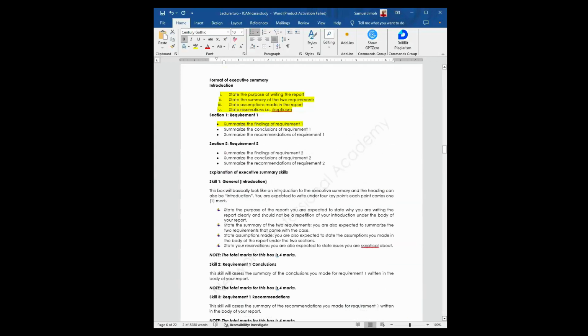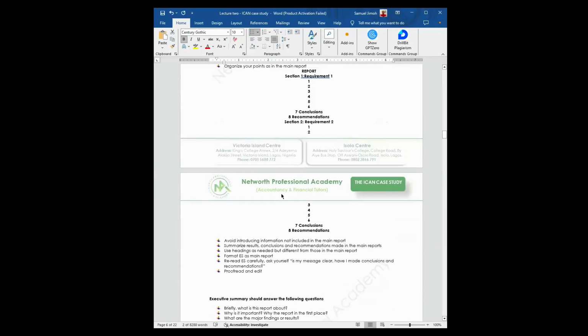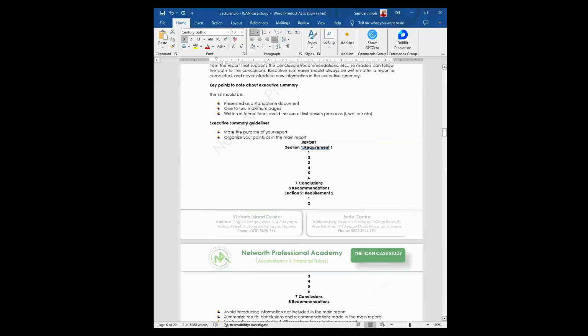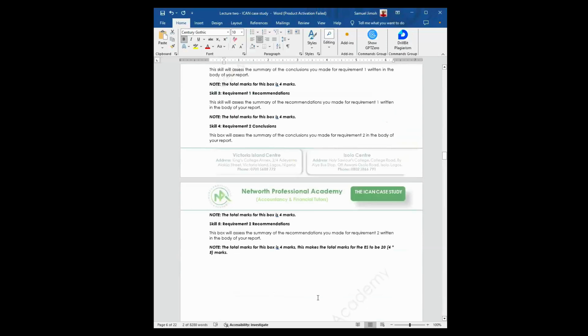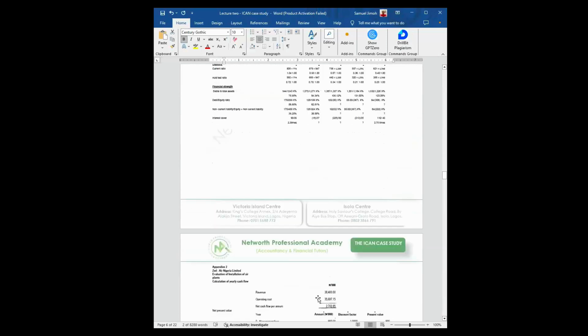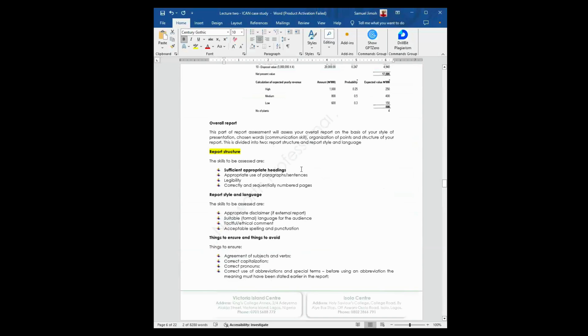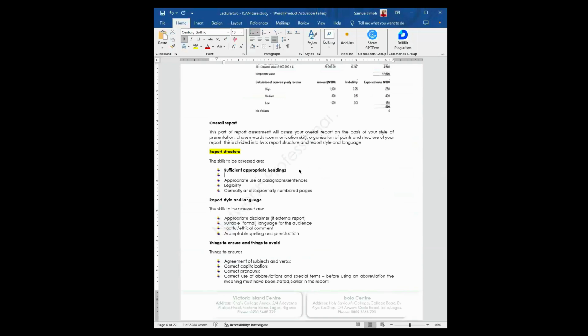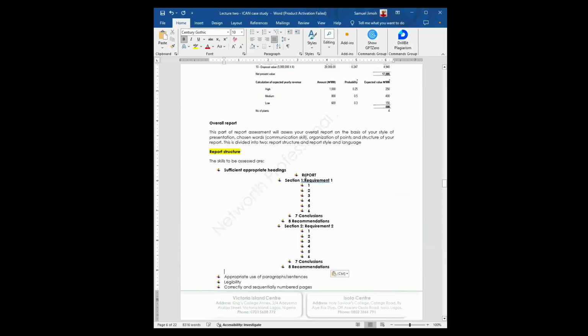Remember, I told you that here is a skeletal format for the whole report. Let's look at this. So here is more like a skeletal format for the report.